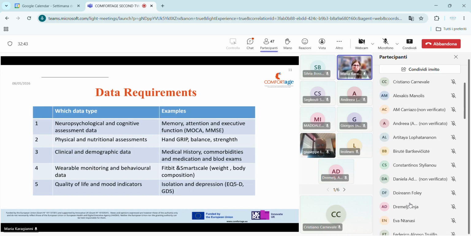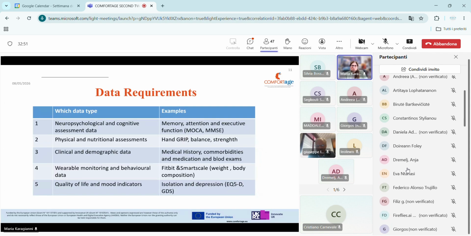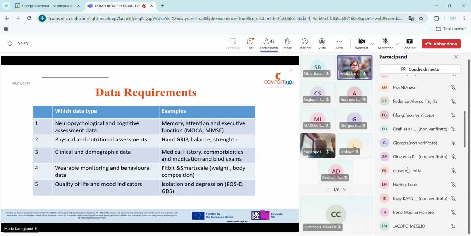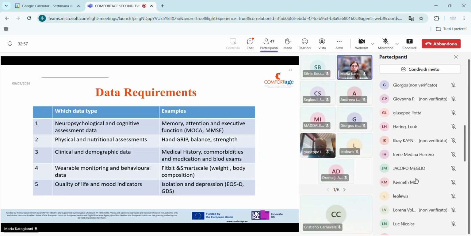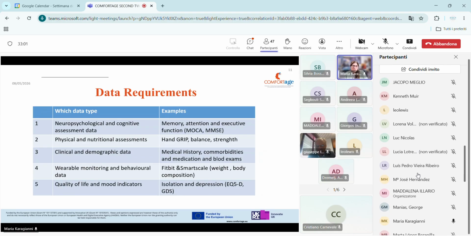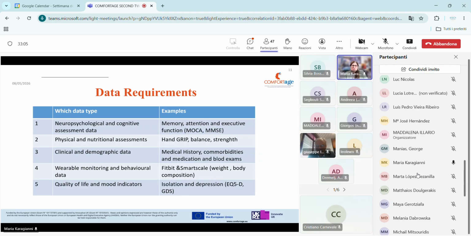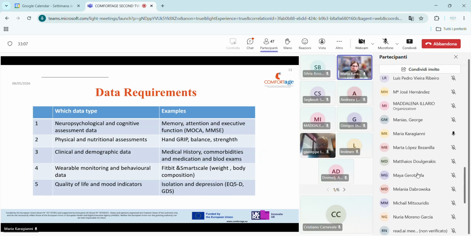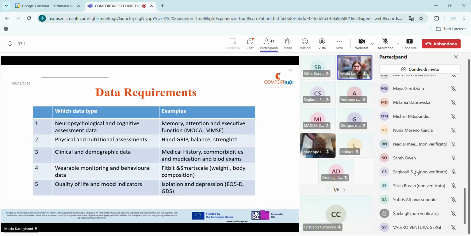The data that we have is neuropsychological and cognitive assessment data that has to do with memory, attention, and executive functioning. The physical and nutritional assessment has, as examples, the hand grip, the balance, the strength, also related to physical frailty, using standard tests used in every setting and set in the bibliography.